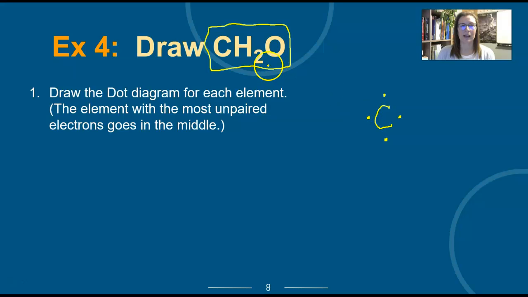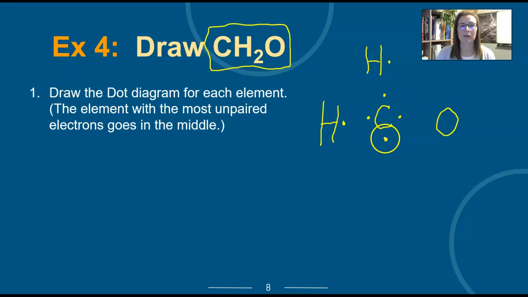And we know that hydrogen only has 1. So I'm going to draw a hydrogen here, and I'm going to draw a hydrogen up here. And then oxygen we know has 6 because we used that a little bit earlier. So I'm going to go ahead and draw oxygen over here.